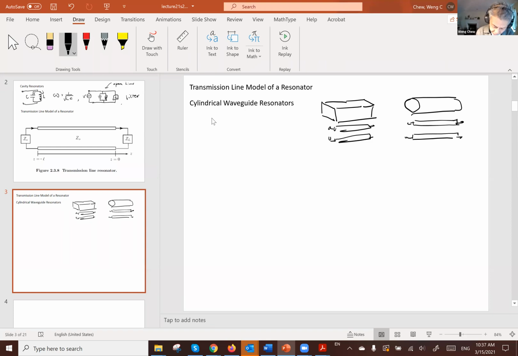If you have a microstrip line, such as this one, say you make a microstrip line on top of a substrate, let me draw the substrate this way. Usually you have this thing sitting on a substrate, and then there's a ground plane below. Let's assume that this is the ground plane.